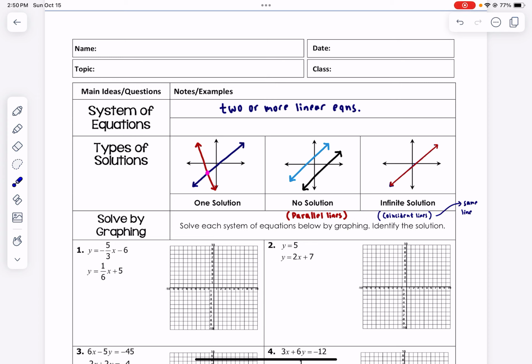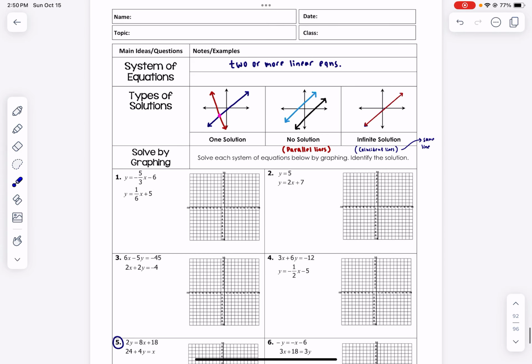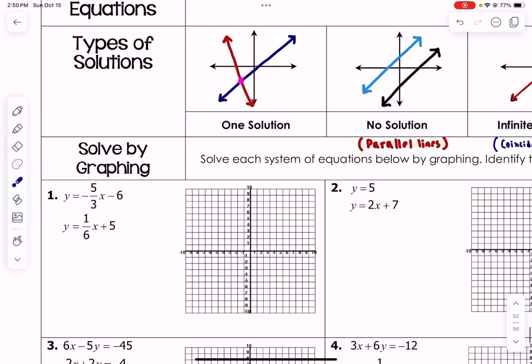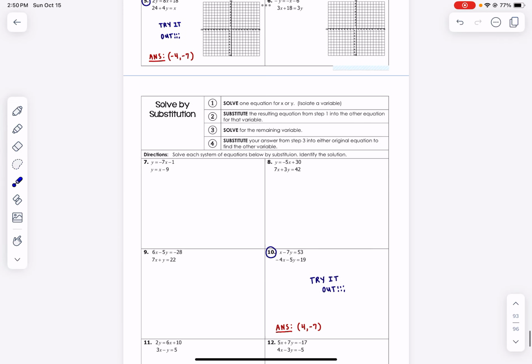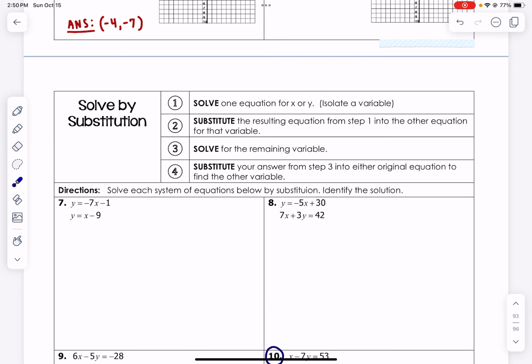For today, I just wanted to walk you through a couple of examples, going over the main parts of this worksheet. Notice here for this first part, they want you to solve the system of equations by graphing. We'll look at that right now. And in the back of this worksheet, they want you to solve the systems of equations by substitution.